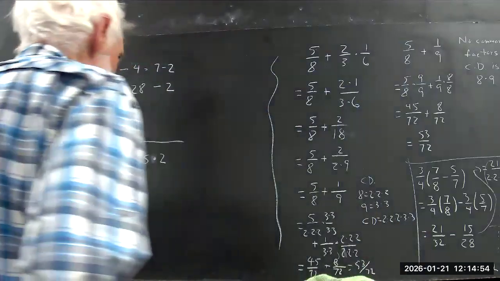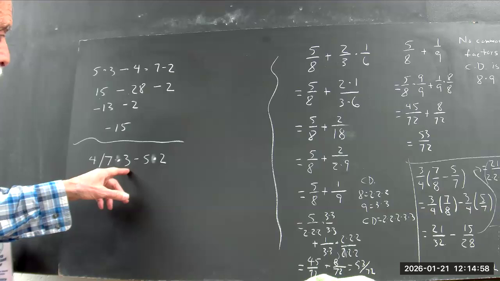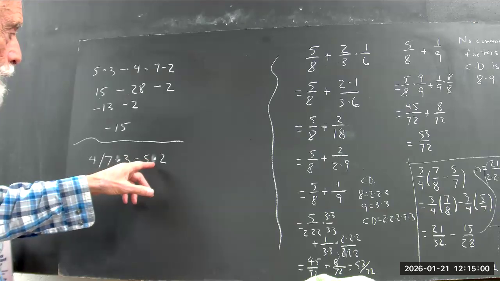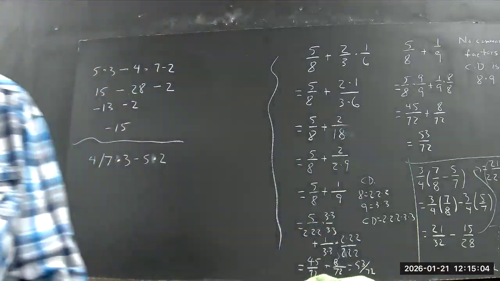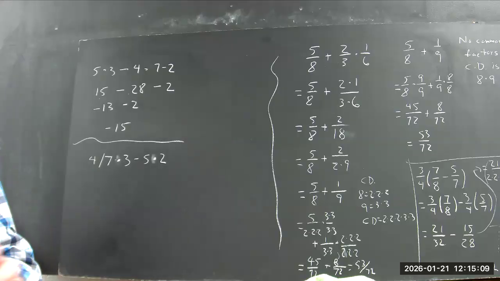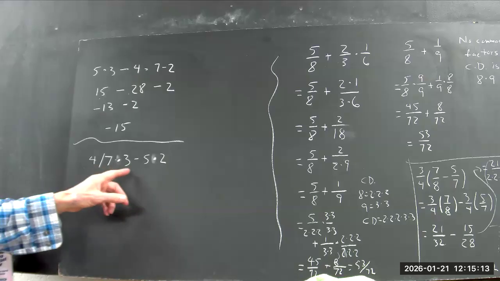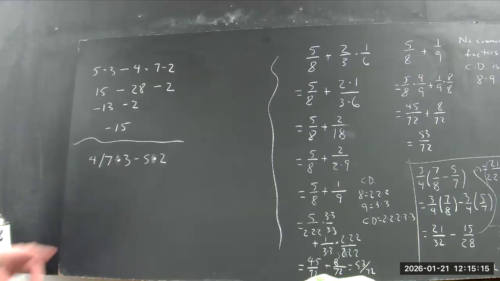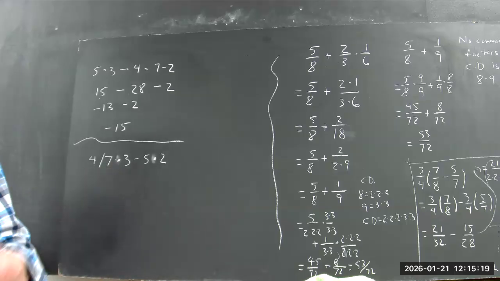Okay, the problem is 4/7 times 3 minus 5 times 2. The rule is you do additions or multiplications and divisions in order. So, for example, you would not multiply the 7 by the 3. You would first divide the 4 by the 7, which gives you 4/7.